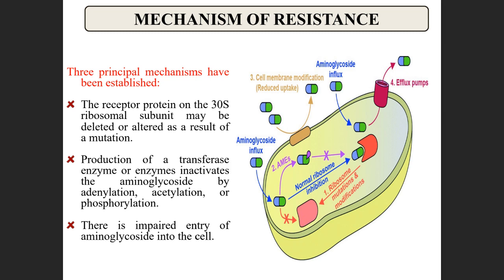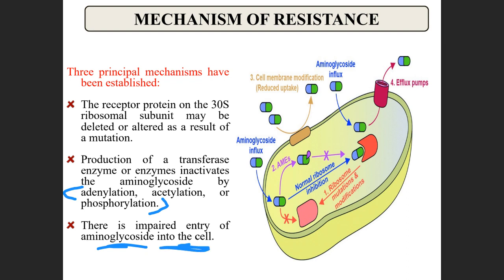In another case, production of transferase enzymes inactivates the aminoglycoside by adenylation, acetylation, or phosphorylation. So these are the processes where the inactivation of these aminoglycosides takes place in the bacterial cell wall, and they impair the entry of aminoglycosides into the cell.